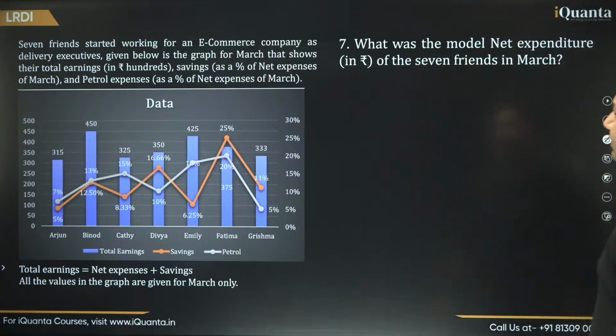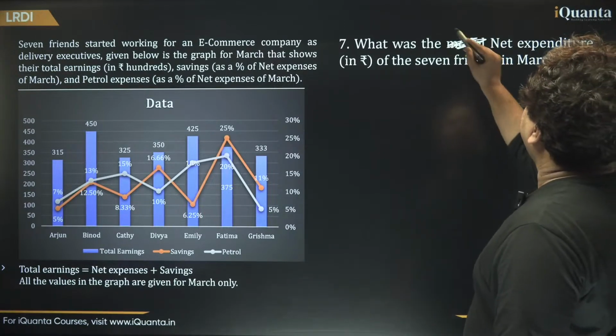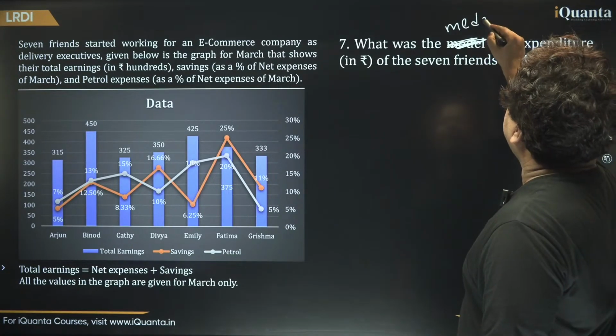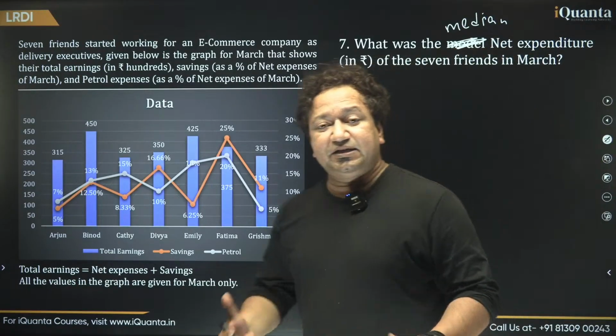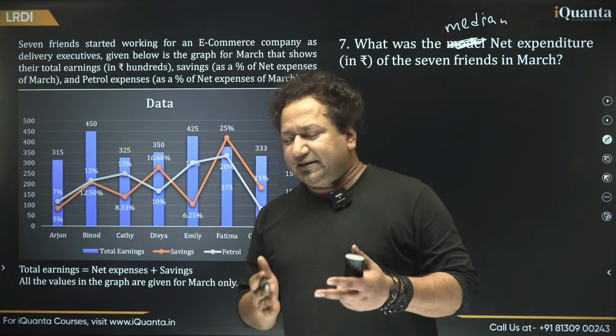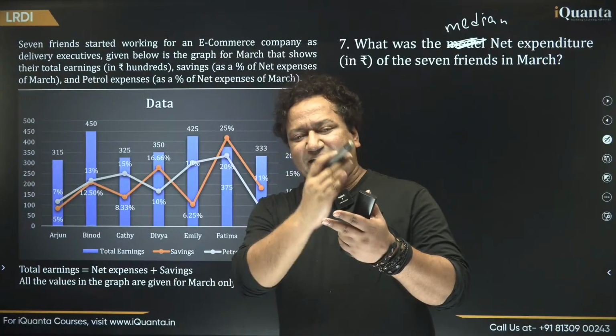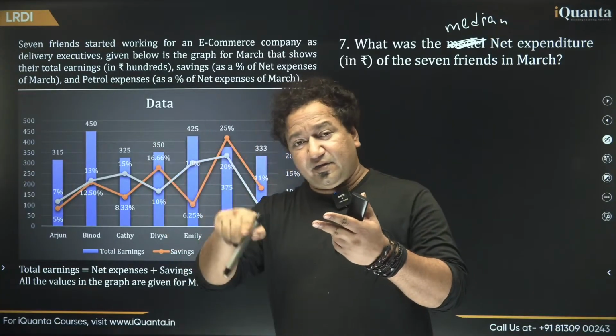Then the next question is, what was the model net expenditure of 7 friends? It's not model. It should be median net expenditure. So that means we have to find the net expenditure, and then median is, statistically, median means if I arrange things in ascending or descending order, the middle value will be the median.